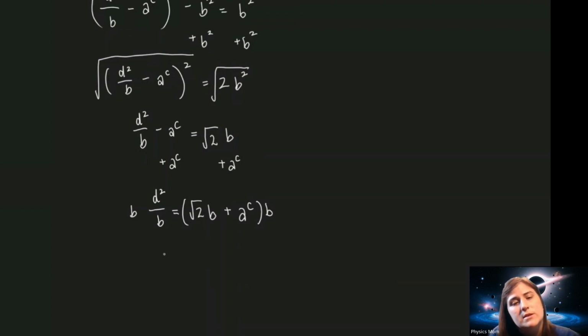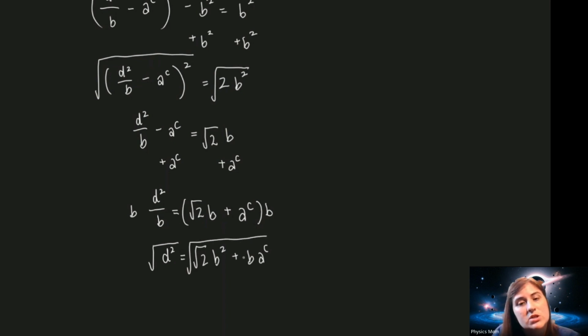So on the left-hand side, I get d squared. That is equal to, I can just distribute it or I can leave it by itself. I'm going to choose to distribute, and by that I mean I'm going to multiply it into each of the expressions. As you'll see, we get a b squared here. It's root 2b squared plus bac. And then I want d, not d squared, so I can take the square root of both sides.